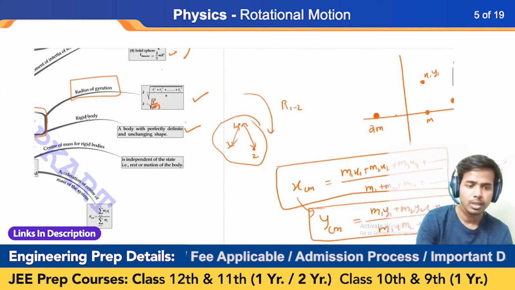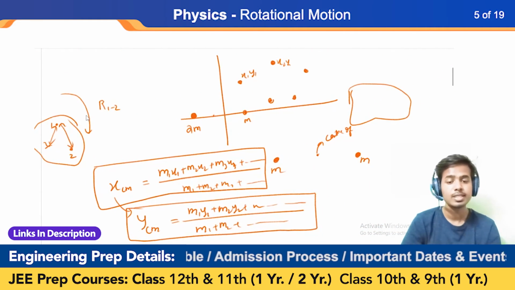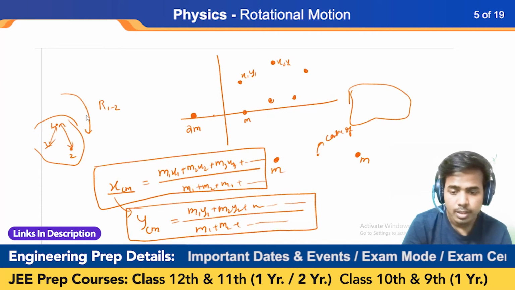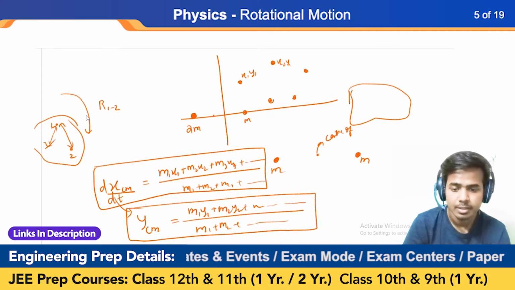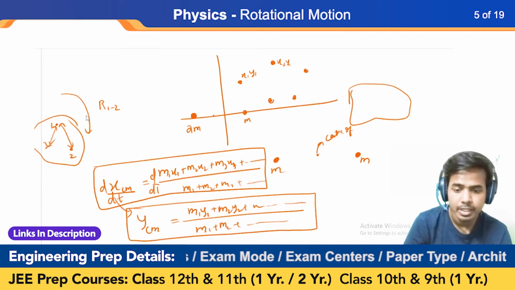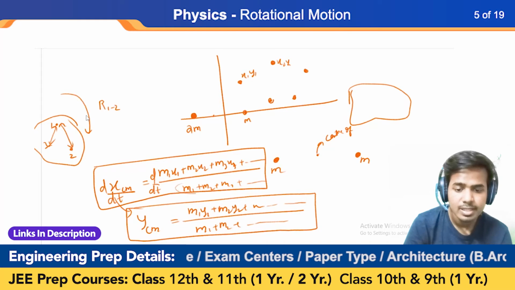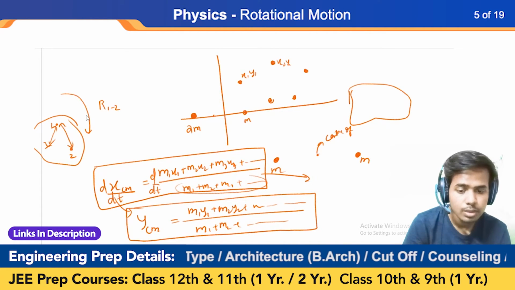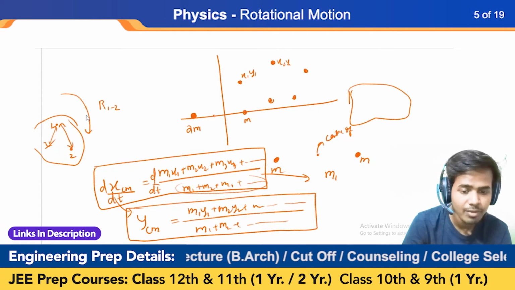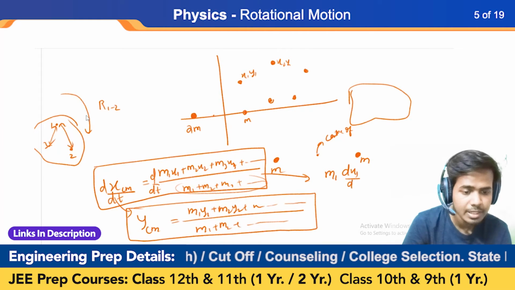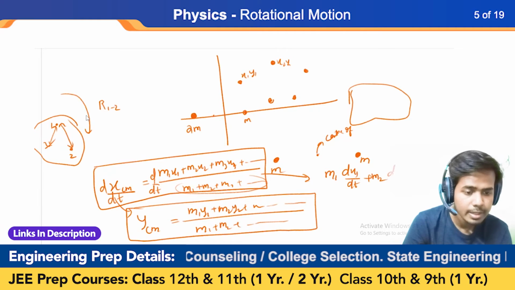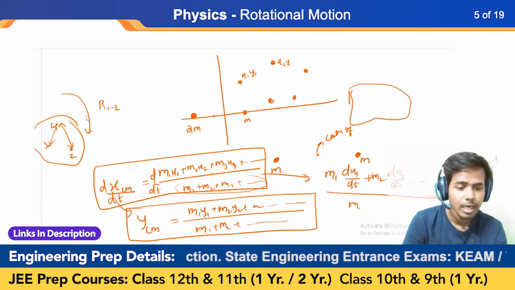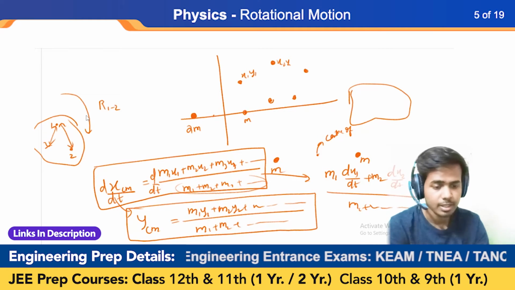Now, if you want to find the velocity of the center of mass, then all we have to do is take d by dt. Since the denominator is a constant, it will come out, and it will leave me with m1 dx1 by dt plus m2 dx2 by dt, and in the same fashion, divided by m1 plus m2 plus m3, all that.